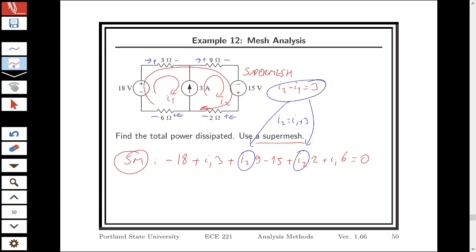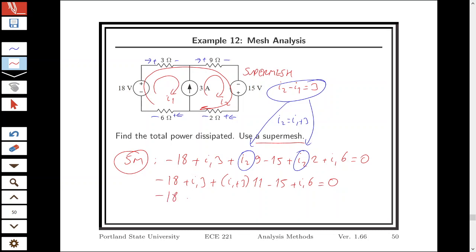So when you do this, we have minus 18 plus I1 3 plus I1 plus 3 times I1 minus 15 plus I1 6 equals 0.